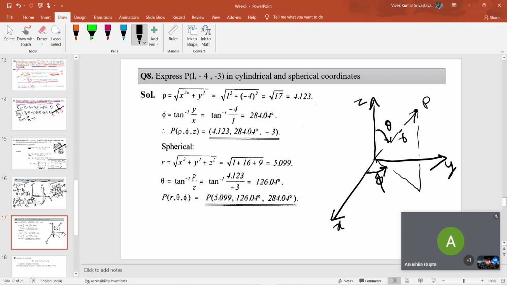So for finding out the value of r, you have to take the square root of x square plus y square plus z square.